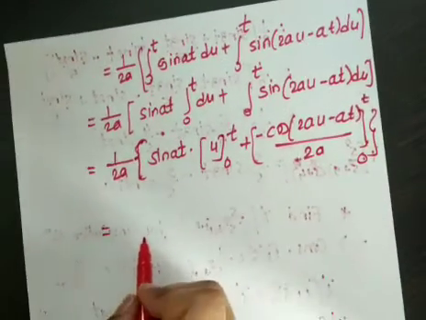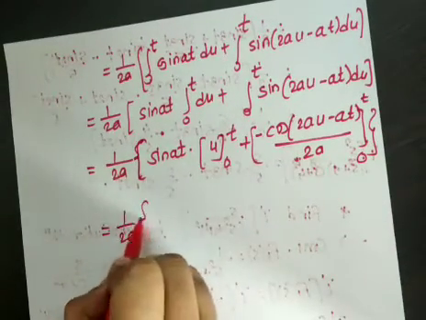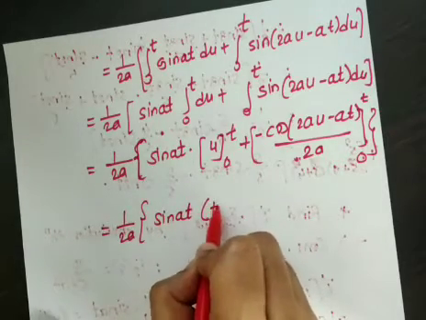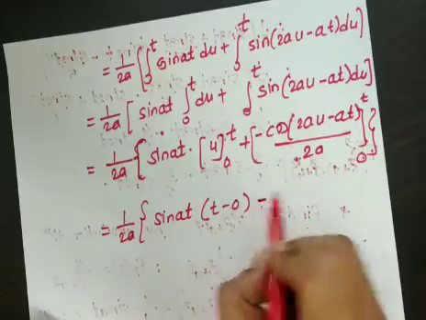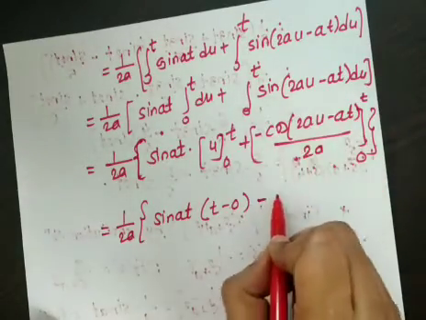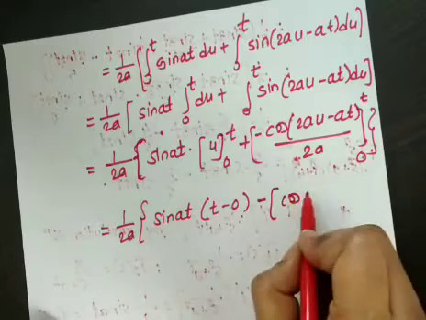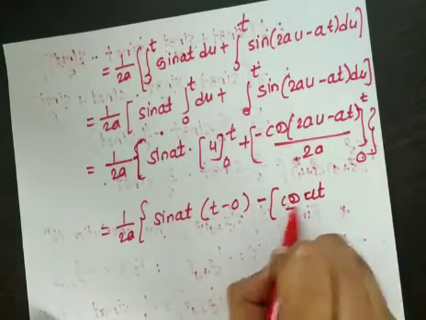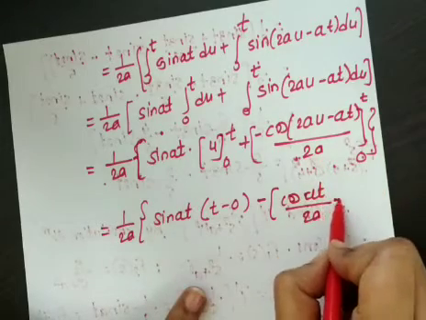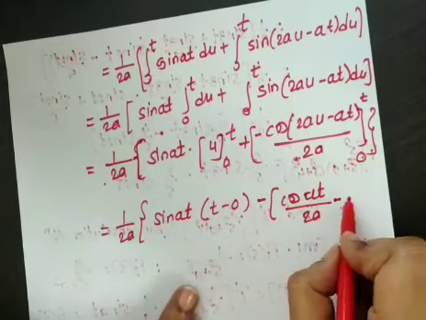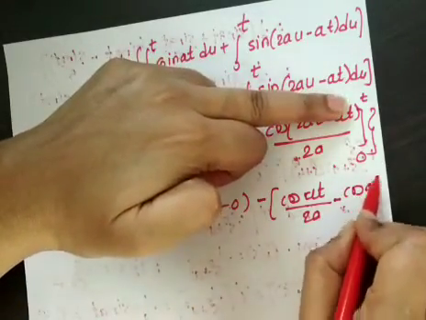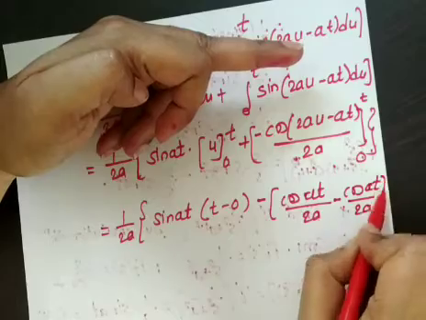So it is equal to 1 upon 2a sin at t minus 0. Here it is minus outside, so it is cos, upper limit is t, so cos(2at minus at), that is at upon 2a, minus lower limit, if u is 0, so minus cos of minus at, that is cos at upon 2a.